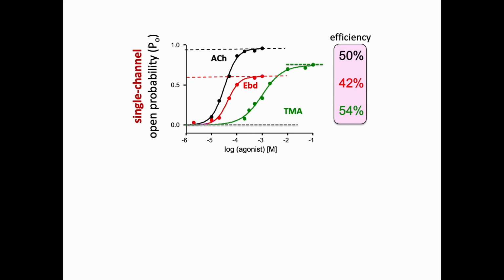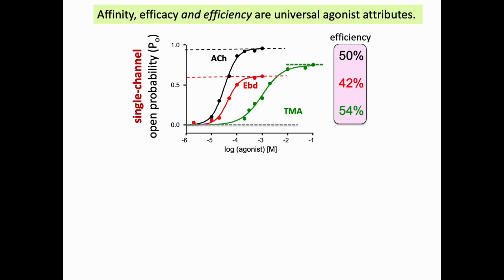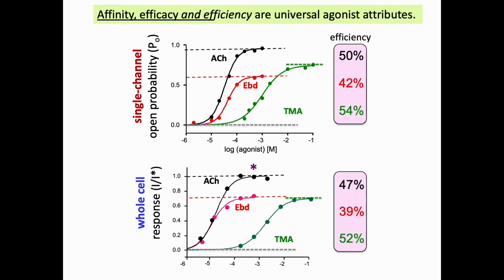Now, I said at the outset that I was going to show you some whole cell currents. First I want to emphasize again that affinity, efficacy, and efficiency are universal agonist attributes. This is not something that just applies to the ACh receptor or to a few agonists. Every agonist, if you can get a dose response curve, you can get an efficiency out of it as well. We also did this using an ion flux machine measuring whole cell current dose response curves.